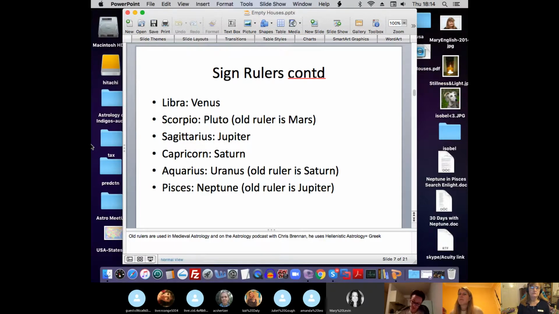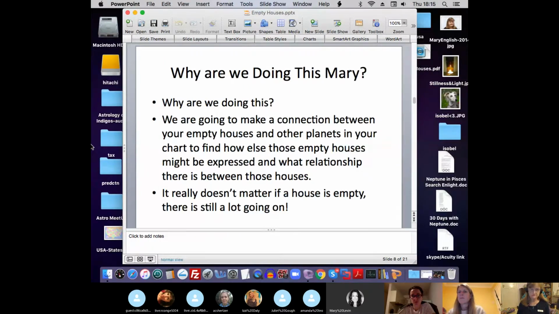Pluto was named after a little girl who suggested the name to her father because she was learning about Greek myths at school, and her dad was reading their copy of the Times, and in that edition of the Times they said they'd discovered a new planet and they wanted some suggestions for the names, and the fellow that was reading the newspaper happened to know somebody working at the observatory in America, and this is back in the day, so he only had telephones, he rang him up and said, oh, my daughter's recommended that it gets called Pluto. So that's the true story of Pluto.